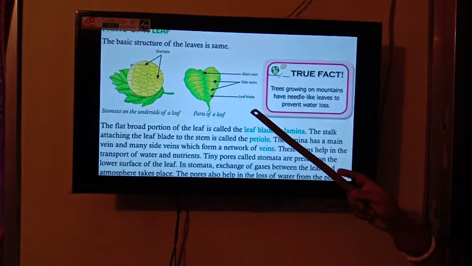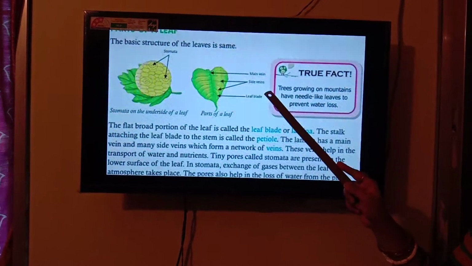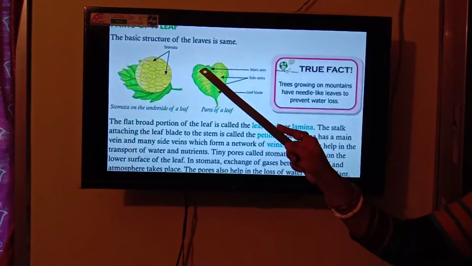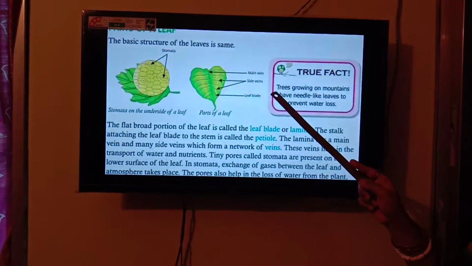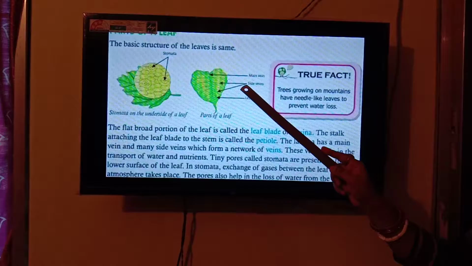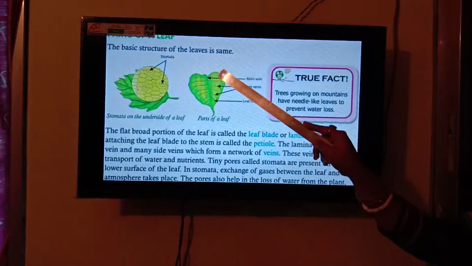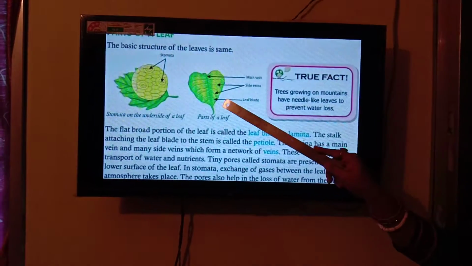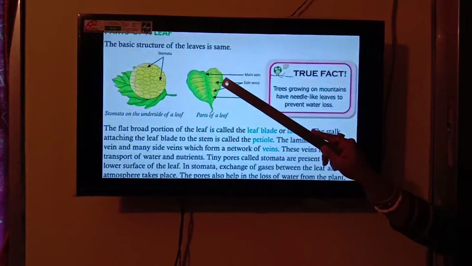Number one is the leaf blade. This is a flat board and the main structure of the leaf. And the second one is the midrib. The midrib is the central portion, one kind of vein present at the center of the leaf.